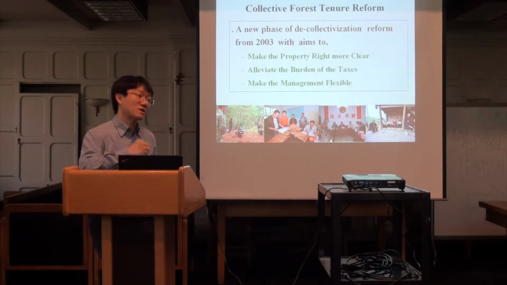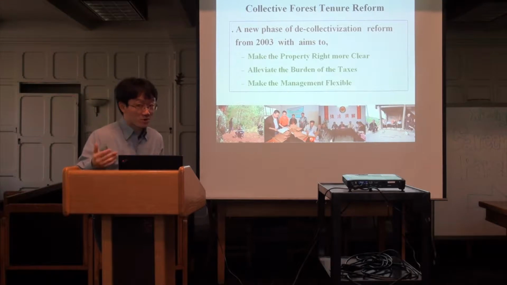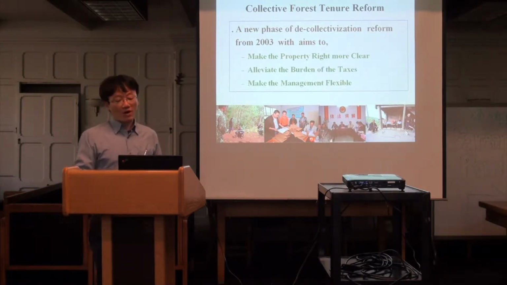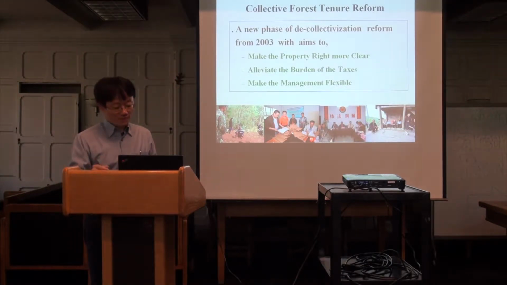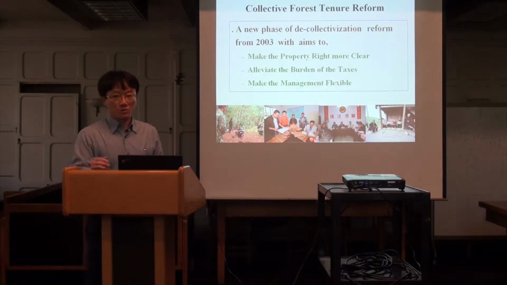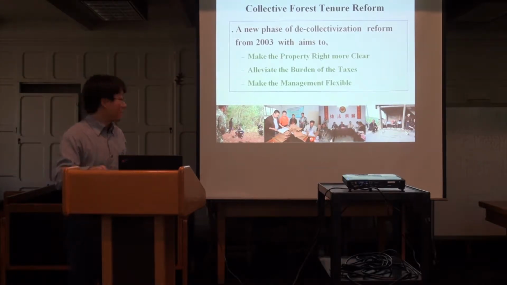That means in the past the use right of collective forest belonged to the collective. But right now, through this reform, it is distributed to the individual farmers, the members of the collective. You may see this picture about how to identify the boundary of the forest plot.